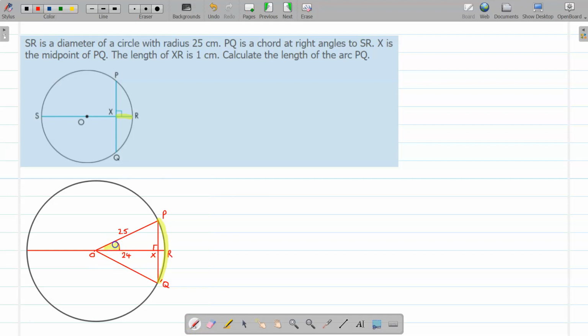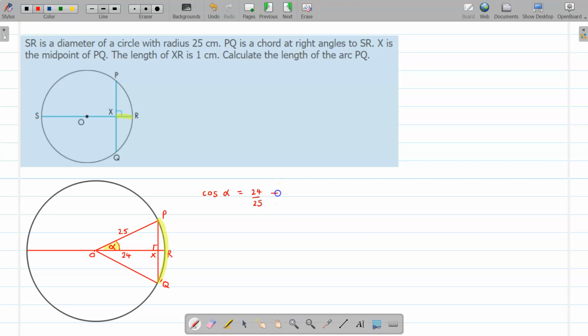I'm going to call this angle in here alpha. And I'm now going to recognize that using trigonometry, here's a right angle triangle, that the cosine of alpha, the cos of alpha, is the adjacent over the hypotenuse, right? 24 over 25.